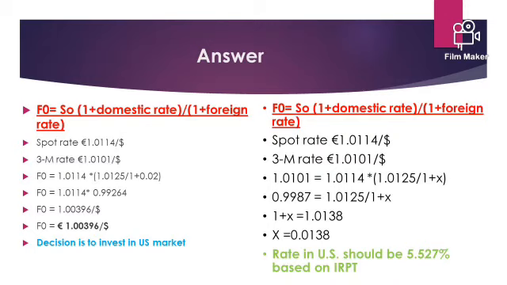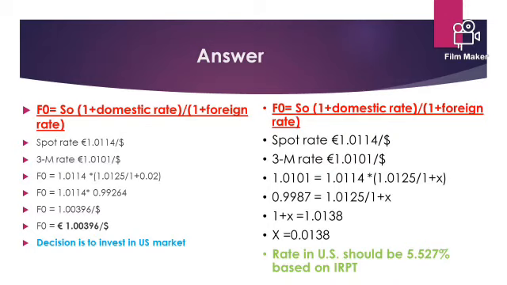Let me find out, if this 3-month rate given by the bank is correct, as per IRPT what should be the interest rate in US? By solving this, the interest rate in US comes to 0.0138 for 3 months, and by converting into yearly, the interest rate should be only 5.527%. The US government should provide an interest rate of 5.527%, but in the example it is given as 8%.